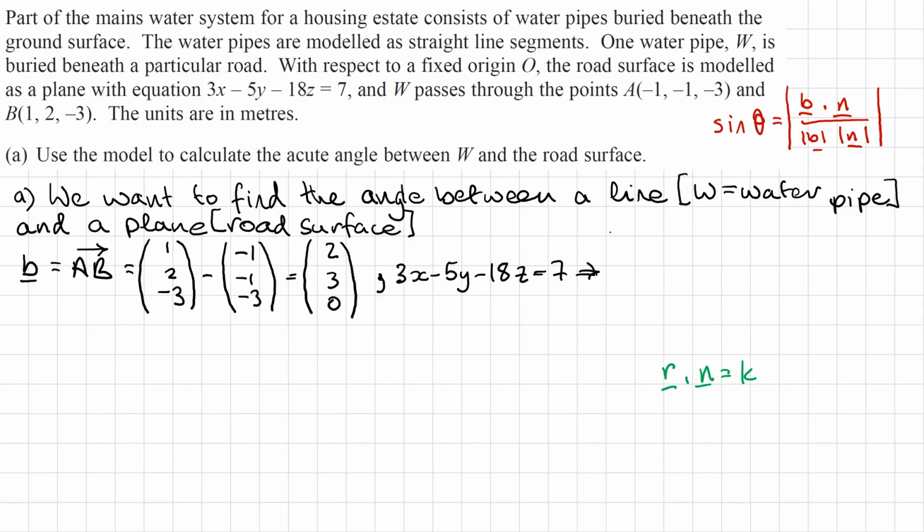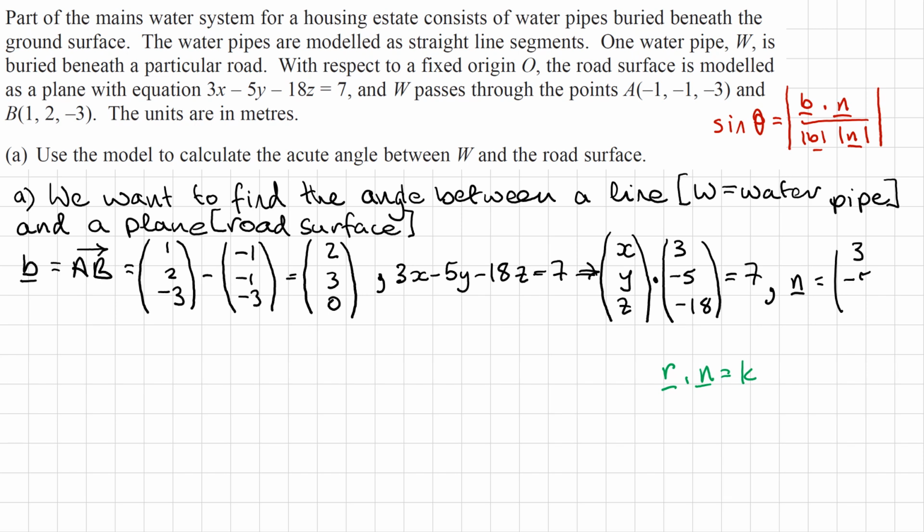So r is going to be (x, y, z). N is just the coefficients of x, y, and z, (3, -5, -18), is going to equal 7. So here's my normal vector here. So I can just write down that n is equal to (3, -5, -18).